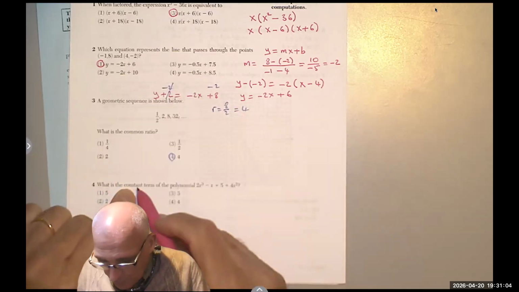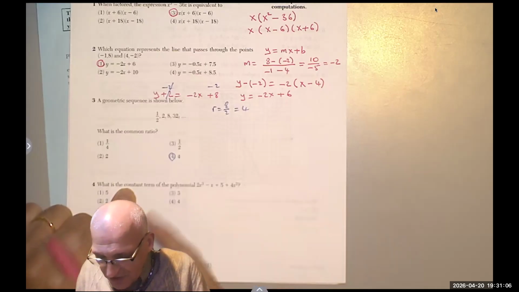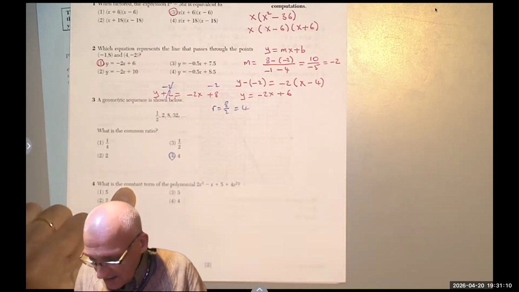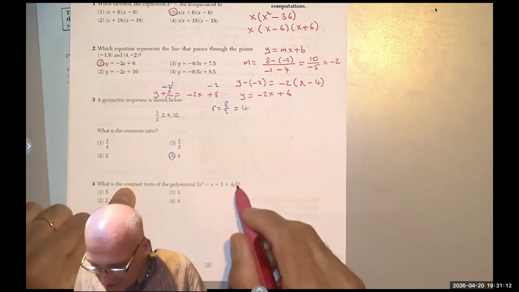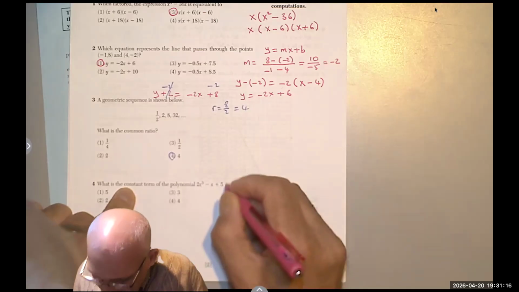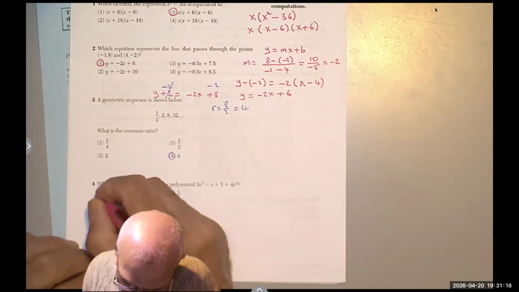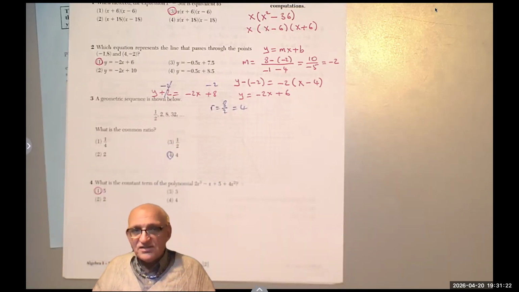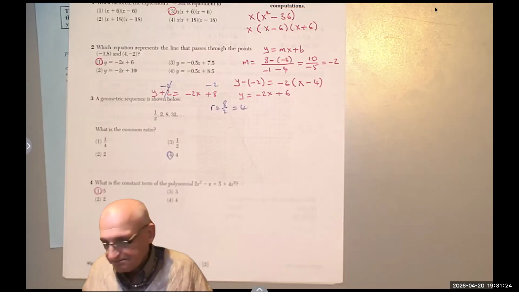What doesn't change is any term that doesn't have x. This one is multiplied by x squared, this one by x cubed, this one has an x. Only the 5 is a constant, so the constant is 5. Of course, these two problems shouldn't take more than a few seconds.